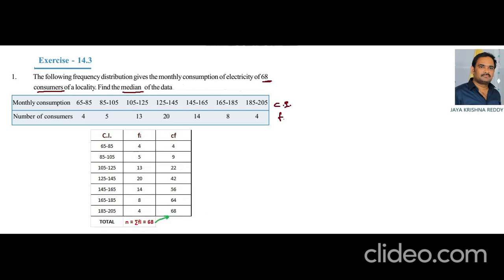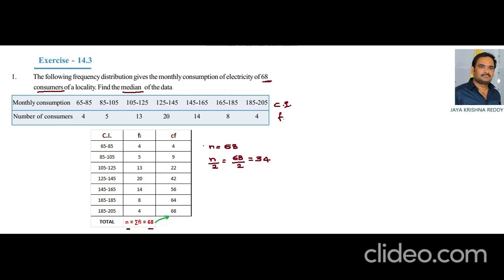Now write the values which we are going to substitute in the formula. The sum of the frequencies, sigma fi or small n, is 68. What is half of this n value? n by 2 is 68 by 2, which is 34.